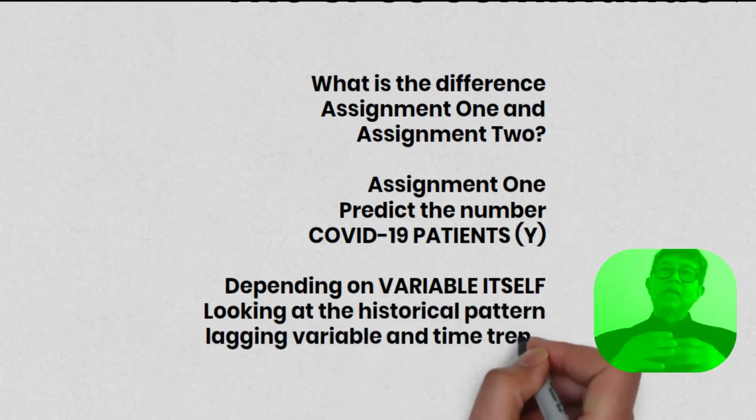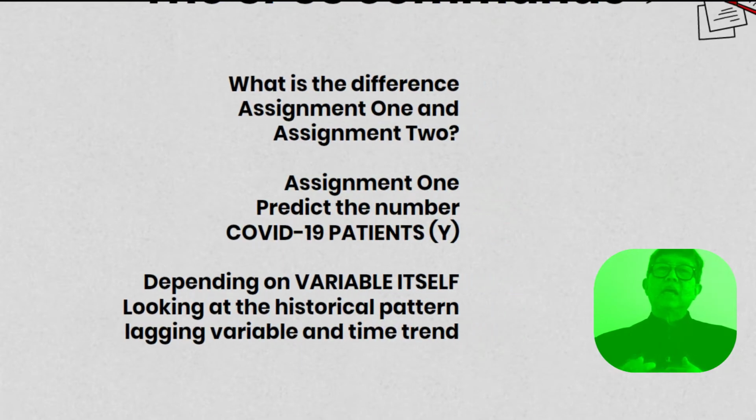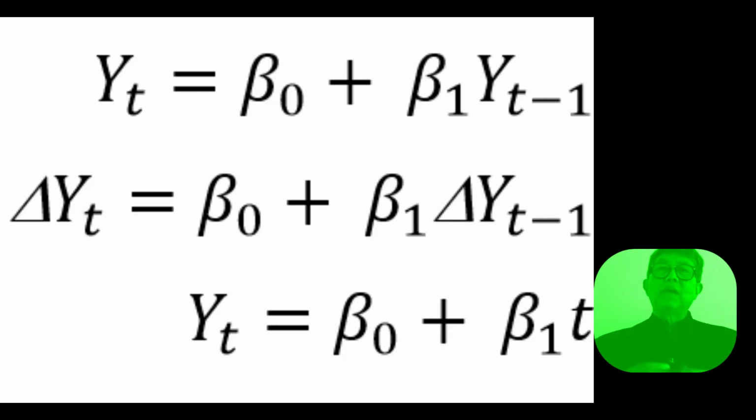For example, you can see the equation Yt equals beta 0 plus beta 1 Yt minus 1. Or Yt equals beta 0 plus beta 1 t, or the other one is the first difference in Yt as a function of the first difference in Yt minus 1.